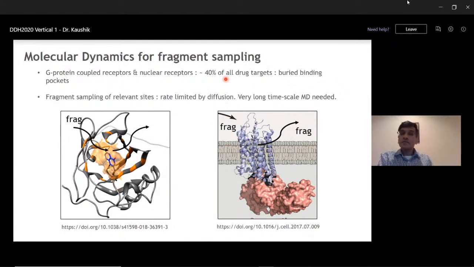So that is the fundamental limitation of using a method like molecular dynamics, in the sense that you're rate limited by diffusion to evaluate affinity patterns for these fragments. The amount of simulation time needed, if you use just molecular dynamics to evaluate the affinity patterns of these probes to these classes of receptors, climbs up exponentially.